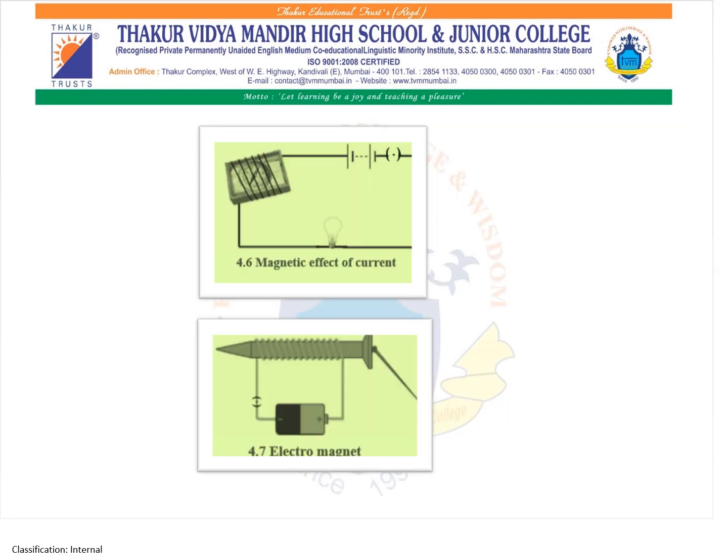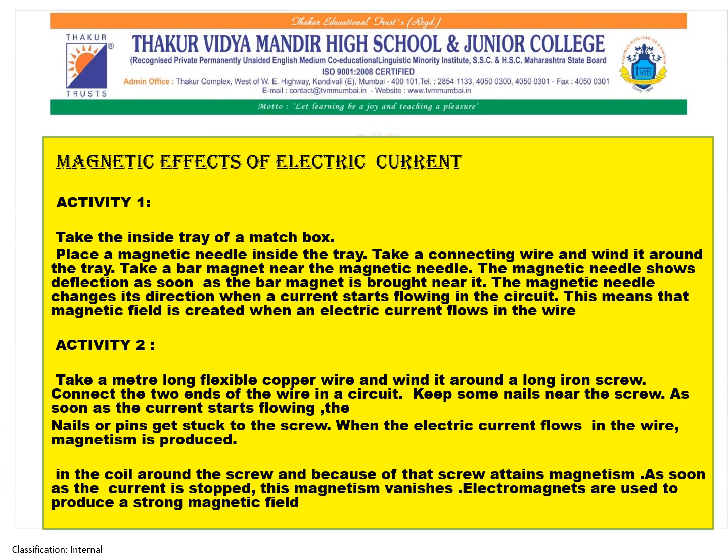Now we are going to discuss the magnetic effect of the current through two activities. In the first activity, you can see the inside tray of a matchbox, and in the second activity, you can see an iron nail. In the first activity, the inside tray of the matchbox is taken. Place a magnetic needle inside the tray.